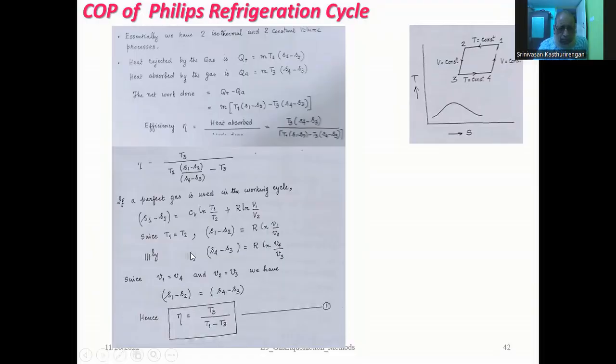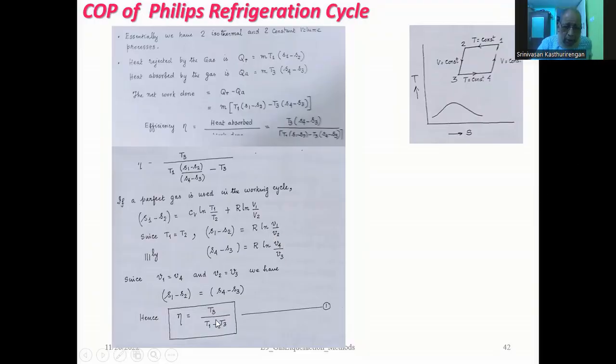Since T1 is equal to T2, it's an isothermal process, the first term cancels. It is the logarithm of 1, which is 0. So we are left with S1 minus S2 is equal to R into ln V1 by V2.